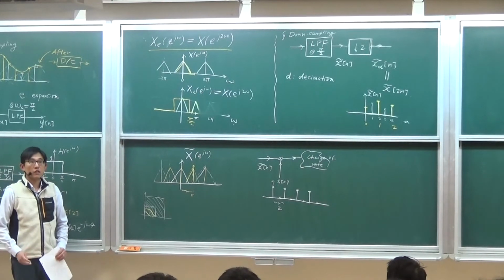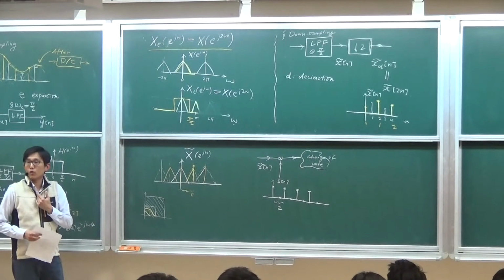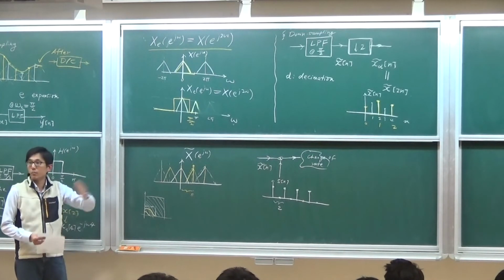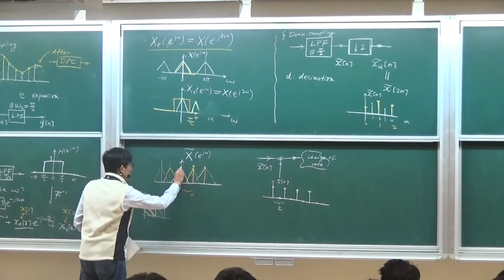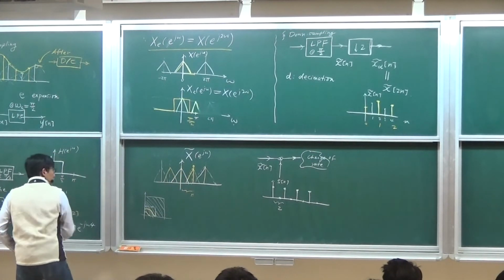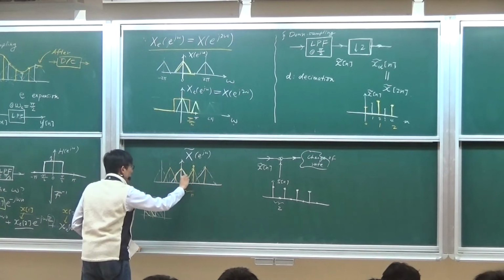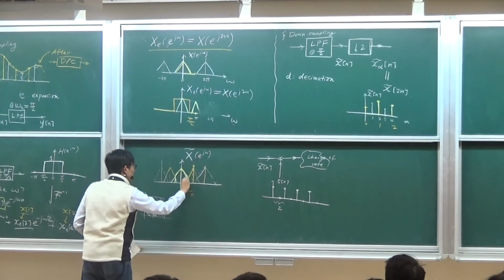Let me say that again. In general, we should expect aliasing, unless we're so fortunate that our original spectrum does not have anything beyond pi over 2. In that case, we are fine.